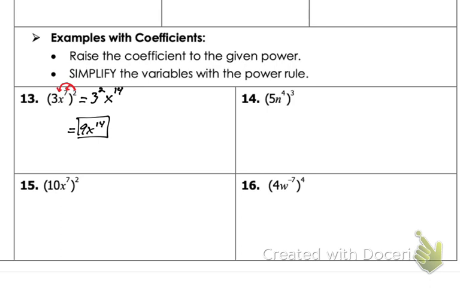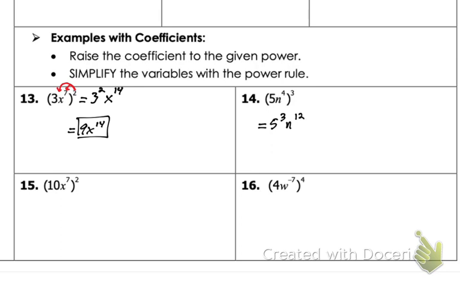You sure? Okay, so our next one. Remember, the 3 affects everything. So I actually have 5 to what power? 3. And I'll have n to the 3 times 4, which would give me 12. Thank you.